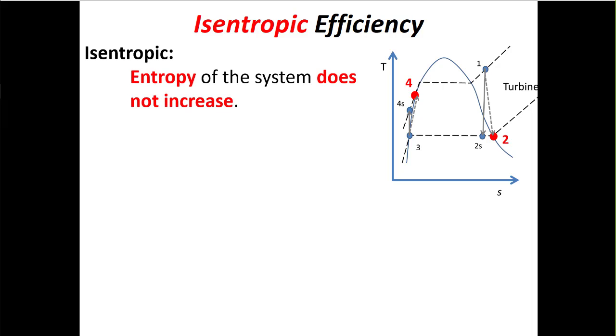So we know that the word isentropic means that the entropy of the system doesn't change, right? Or the specific entropy doesn't change. That's why we have vertical lines down for the turbine and up for the pump. This is kind of another fancy word for ideal. I would say that they're not direct synonyms.